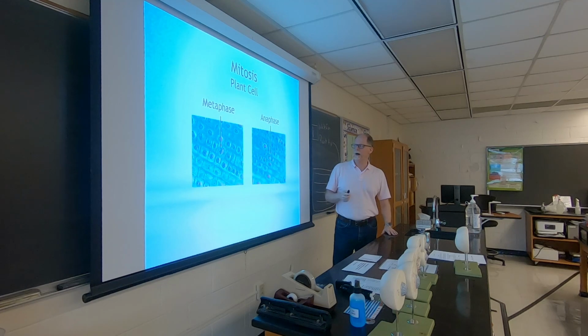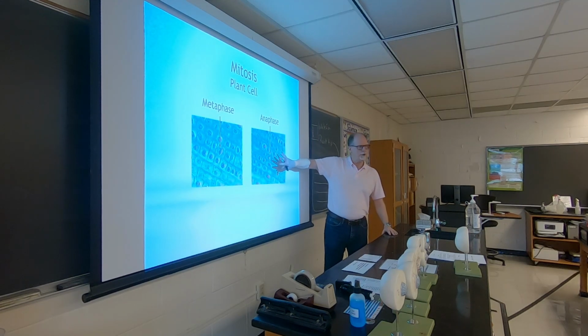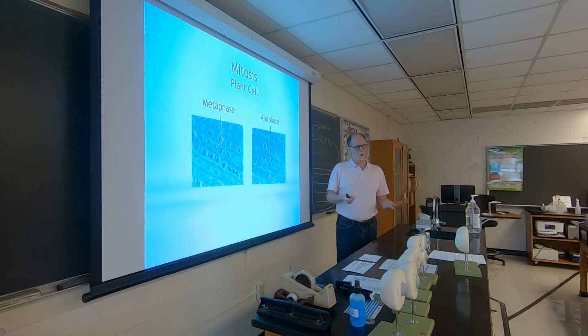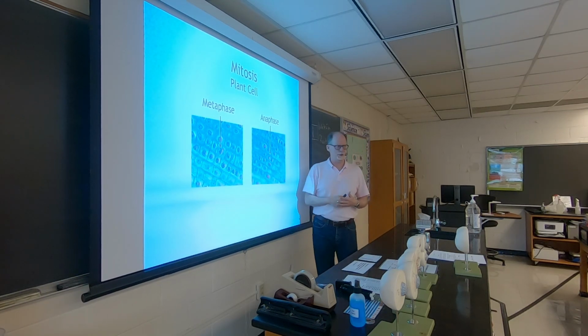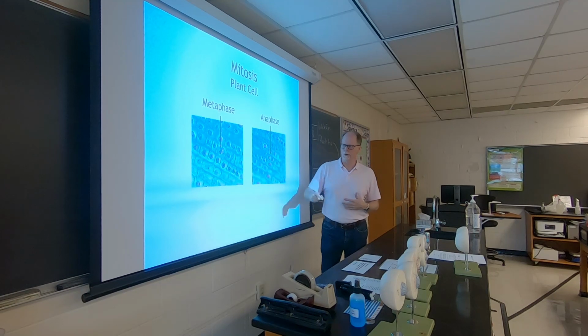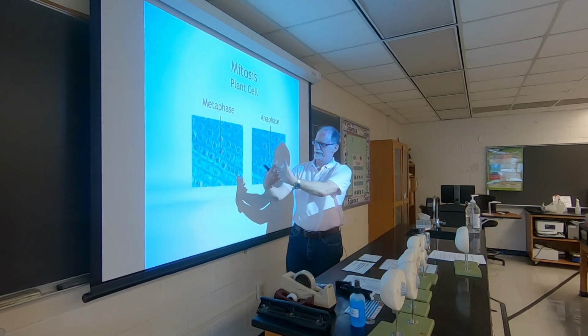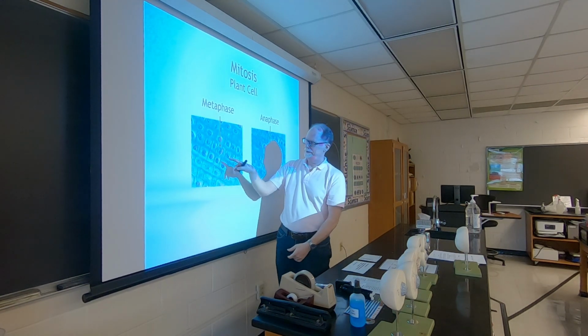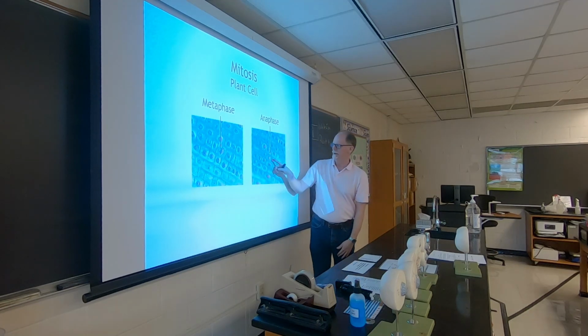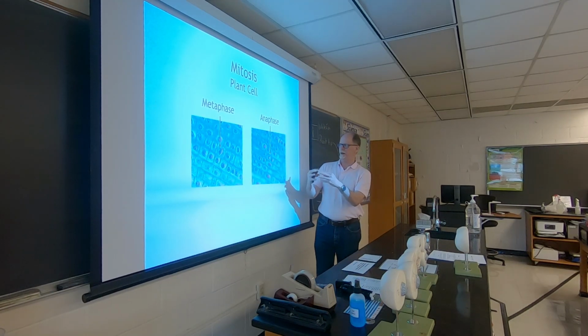So you might see on the practical this picture and then an arrow pointing to that, and you might be asked, what phase of mitosis is that? Or this one, right? This one you can kind of see that they're still stuck together in the middle, but it's not that clear. But that's definitely anaphase, right?